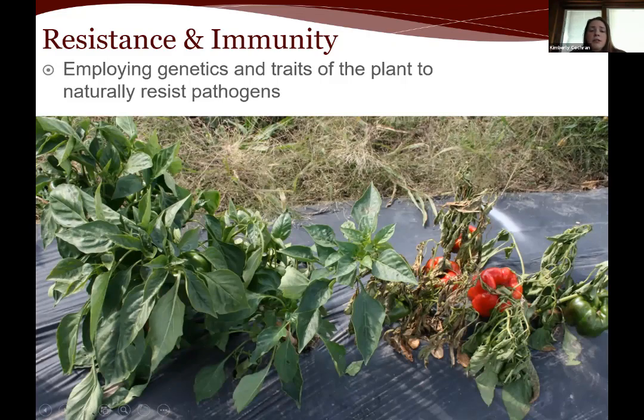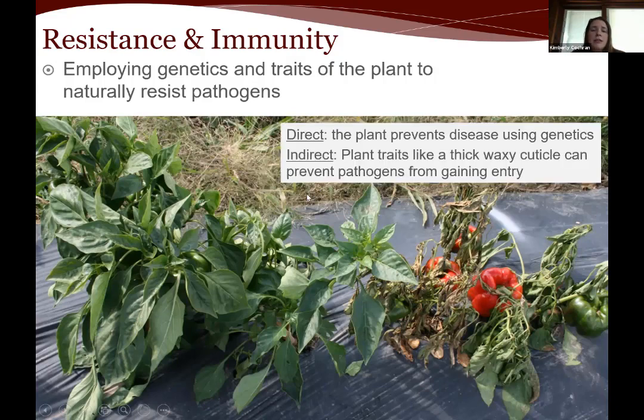So even though these two plants were treated the same, exposed to the same inoculum, you can see the one on the right is faring much worse than the one on the left. So that's a really good example of how easy it is to manage disease using resistant plants.